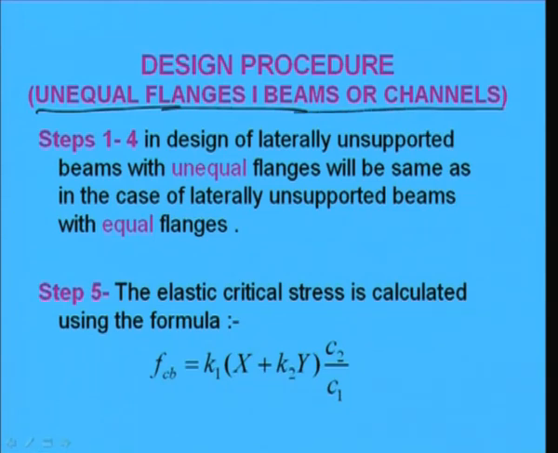The theory we have already discussed, that is how to find the sigma BC, the bending stress in compression. I have also discussed other aspects, like how the trial and error method is used, what the parameters are, and what the expressions are to find FCB, the elastic critical stress.